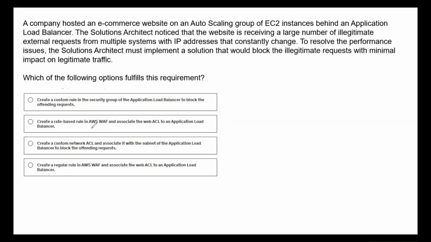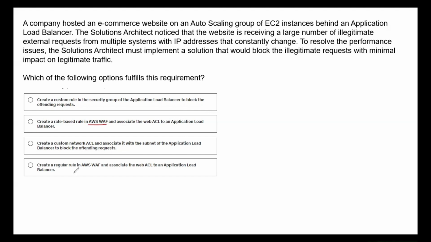Then there is a second option: create a rate-based rule in the AWS WAF service, which is a web application firewall, and associate a web ACL to an application load balancer. This looks to be a little closer, or maybe this could be the right answer, but we can just review the other answers also. Create a custom network ACL and associate it with the subnet of the application load balancer to block the offending requests.